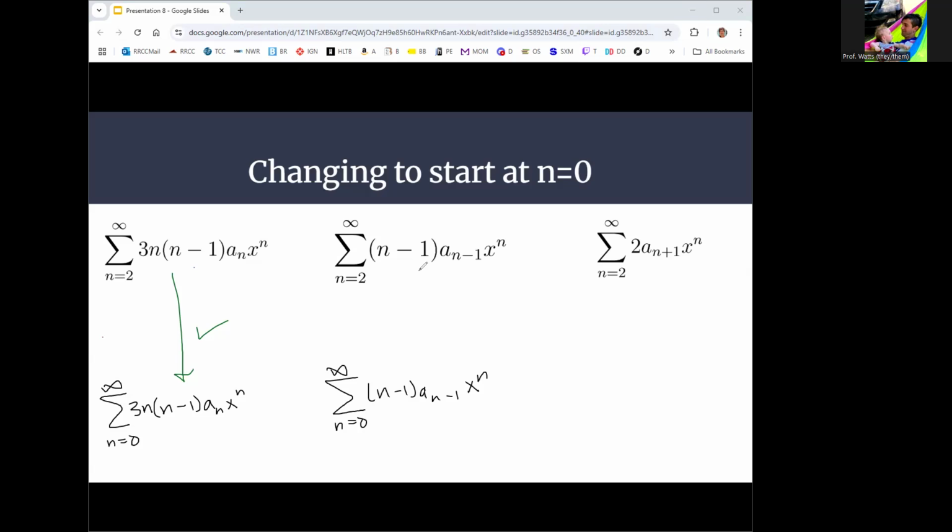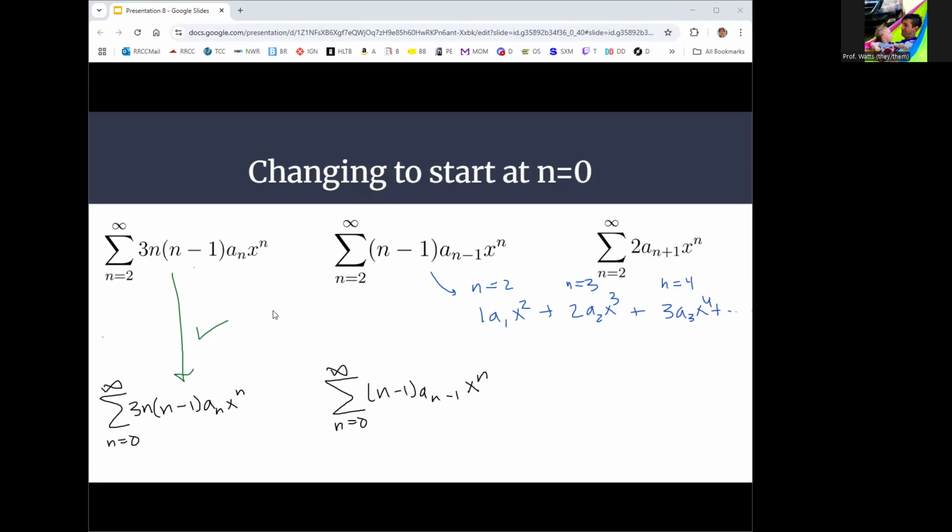This one also starts at n equals 2. And it would be 2 minus 1, which is 1, a1, x squared. And then when n equals 3, it'd be 3 minus 1, which is 2, a2, x cubed. And the last one, when n equals 4, it would be 3, a3, x to the fourth.